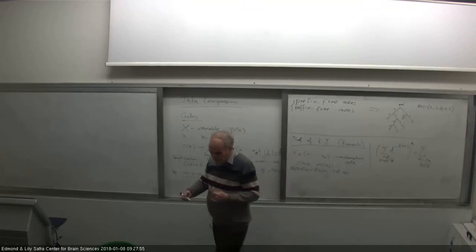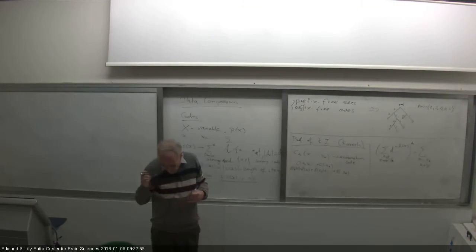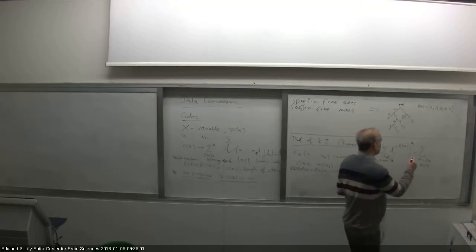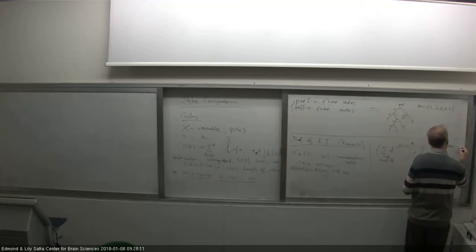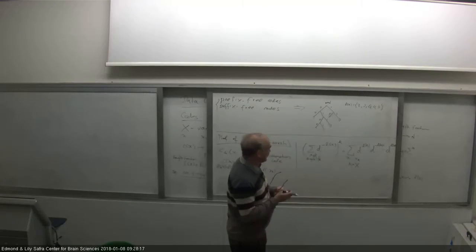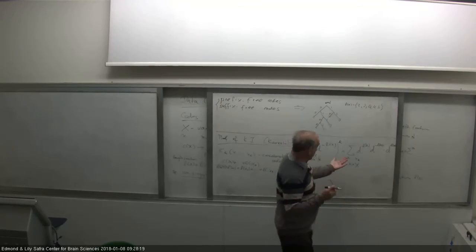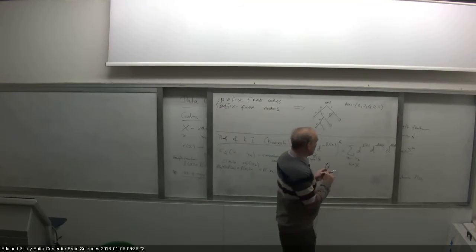So it's the sum of d to the minus L of x1 times d to the minus L of x2 and so on up to d to the minus L of xk. Let me put it in the center so the camera sees it.